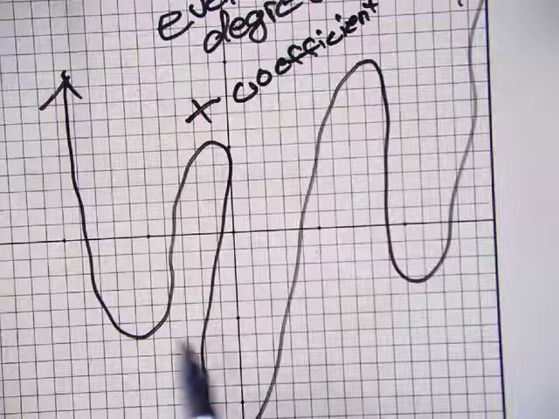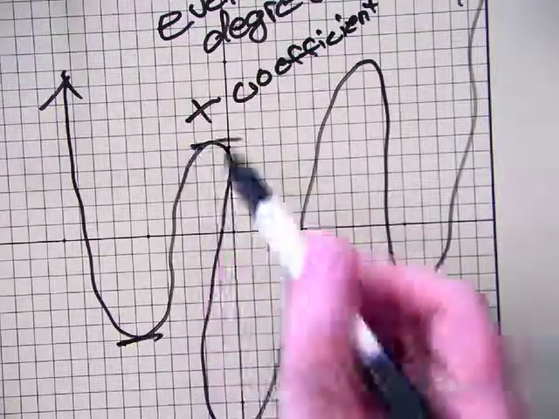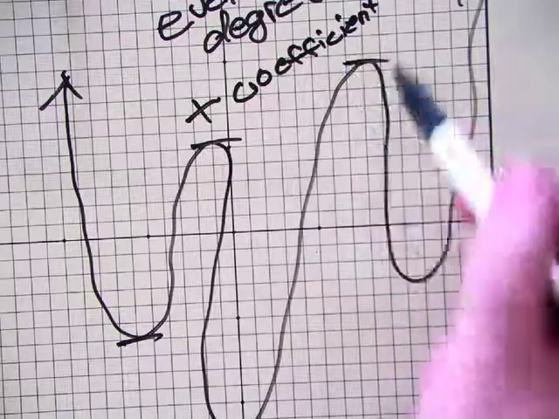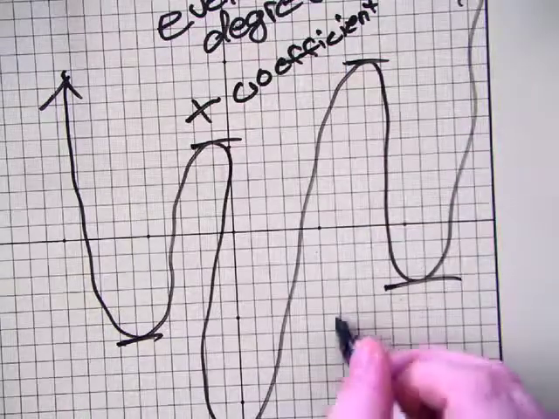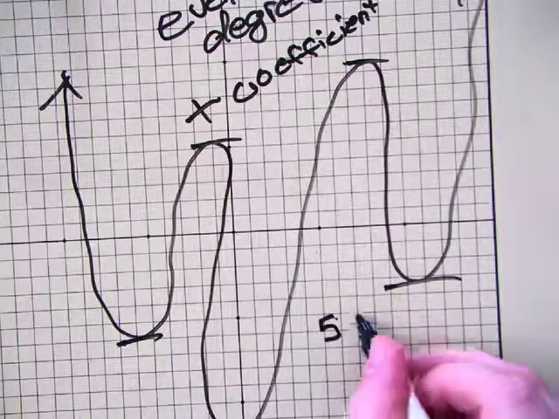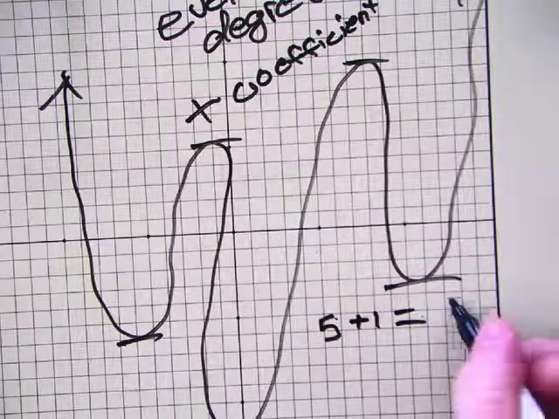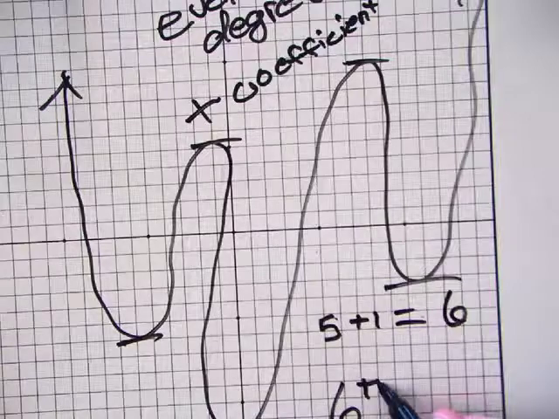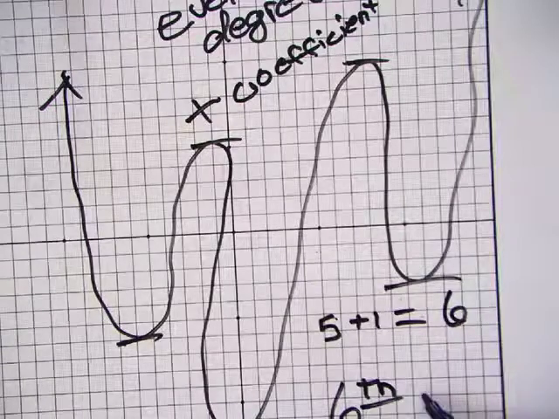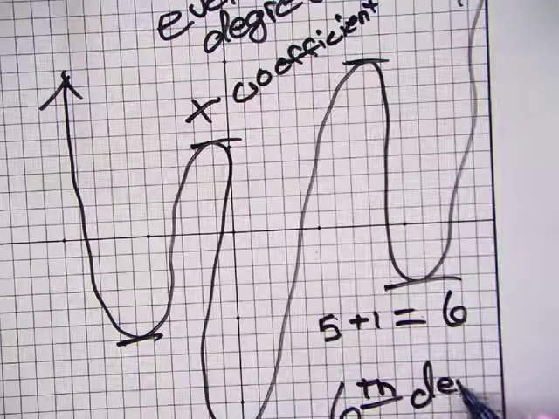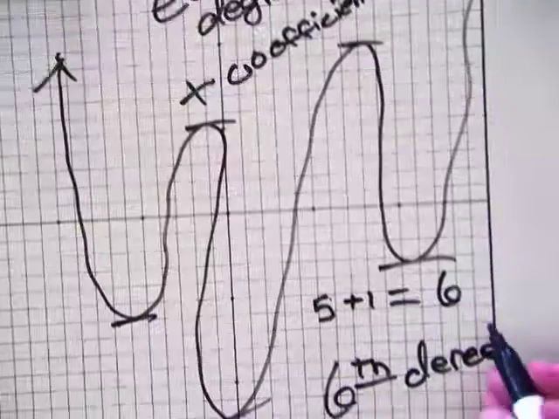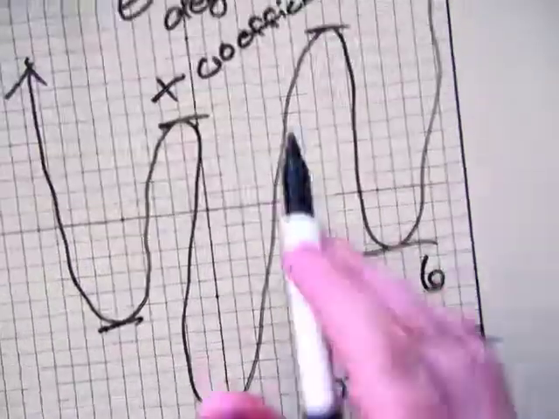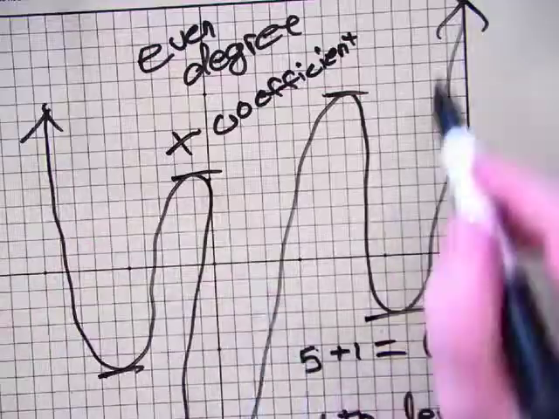Well, what's the degree? It's 1, 2, 3, 4, 5. So we have 5, and then add 1 is 6. So this is going to be a 6th degree polynomial. So it'll look something like this, and it'll have to have a positive coefficient.